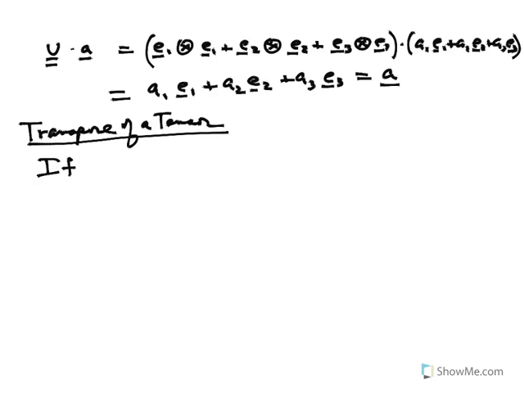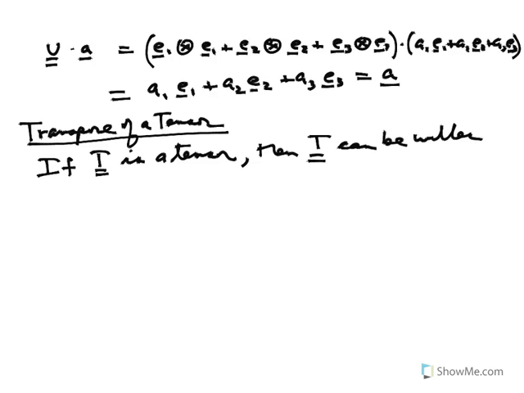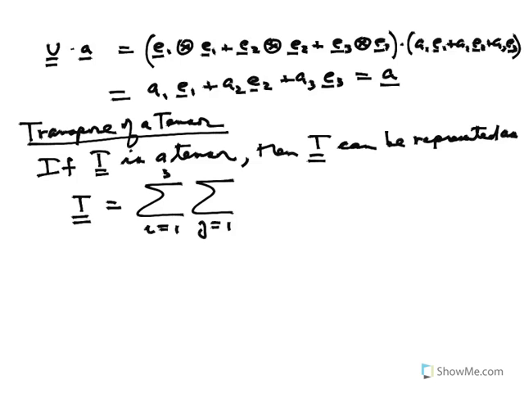So if T is a tensor, then T can be represented in terms of basis tensors as T equals the sum from I equals 1 to 3 of the sum from j equals 1 to 3 of Tij Ei circle cross Ej.